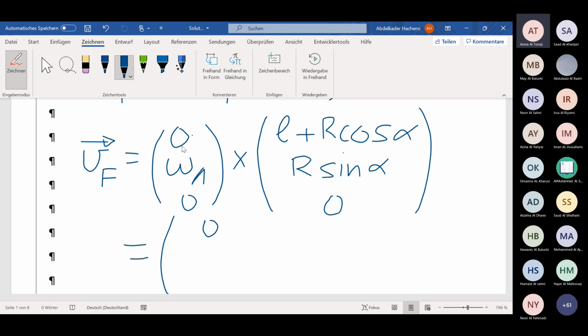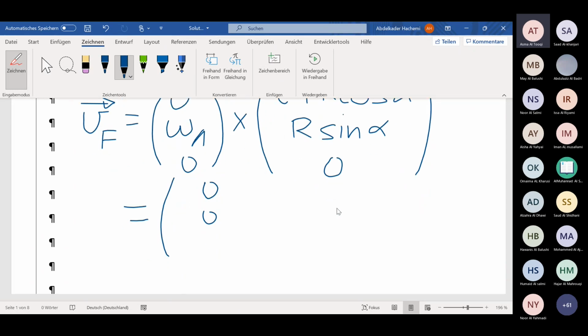Either you do it with the minus sign, or you start with the third component: the first component, L plus R cosine alpha, multiplied by 0, minus the third component multiplied by the first. Then I also get 0 for the second component.